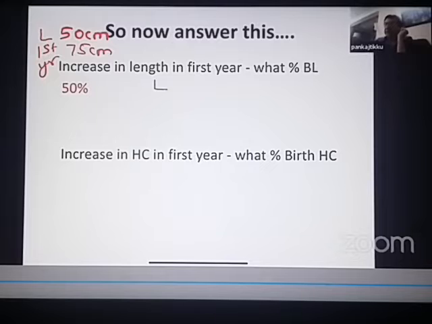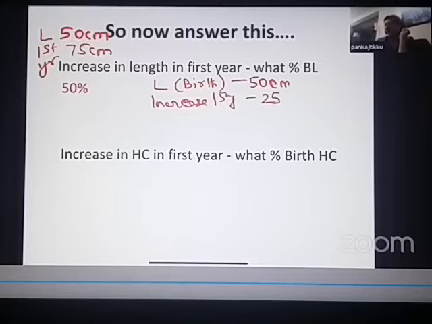Because the length at birth is 50 centimeters and the increase in length in the first year is 25 centimeters. So the increase in length of the child in the first year is 50% of the length at birth. I hope it is pretty simple.